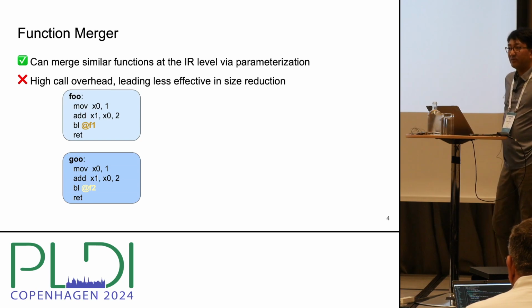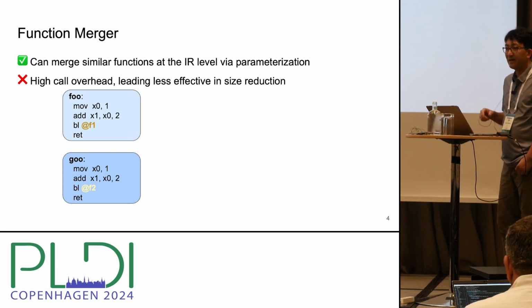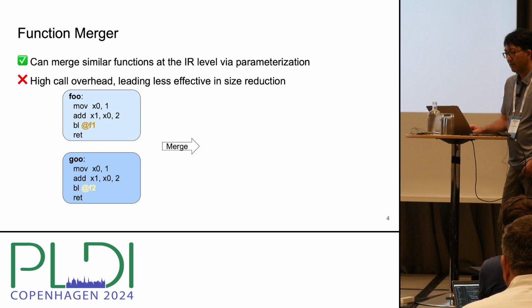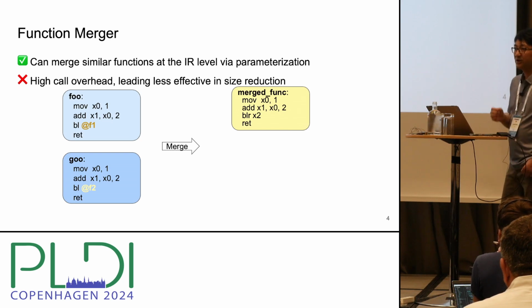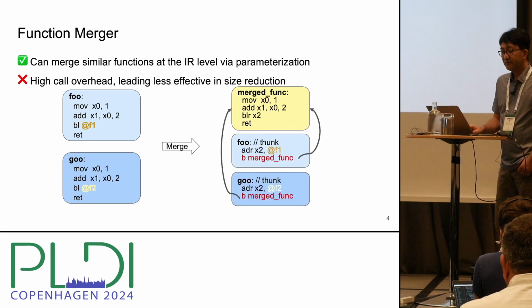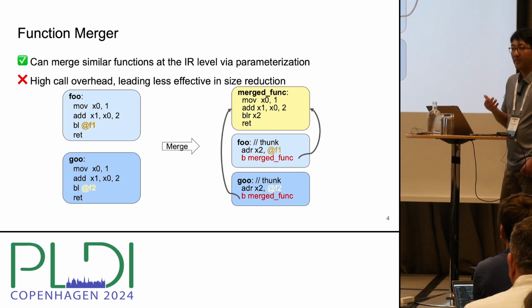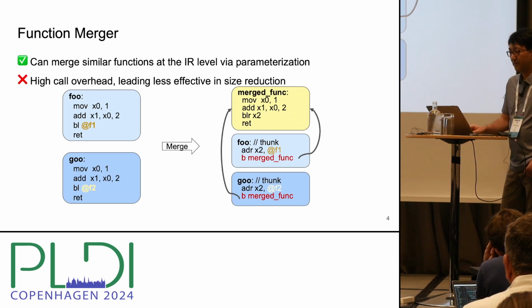In this example, the two functions look very similar to each other, except the call target constant, F1, F2. We may come up with a shared merged function with an additional parameter here, x2. The original two functions become thunks while providing their individual context through this parameter.